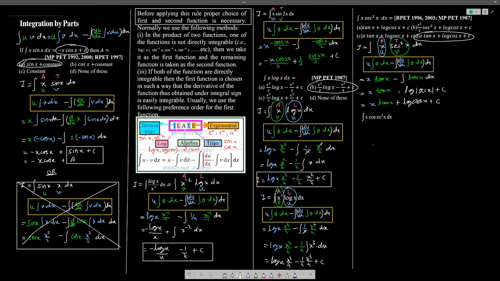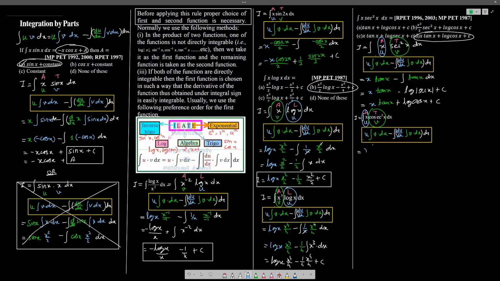Okay, here we have to integrate x cosec square x, algebraic term and trigonometric term. So x will be u and cosec square x will be v. Then apply the formula.